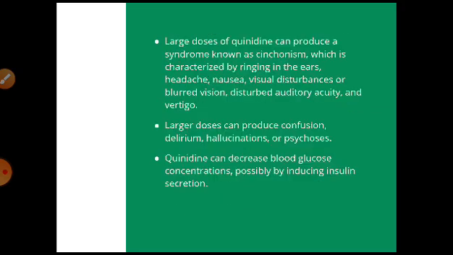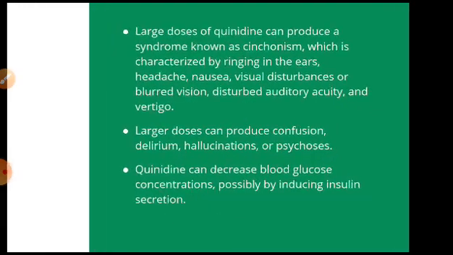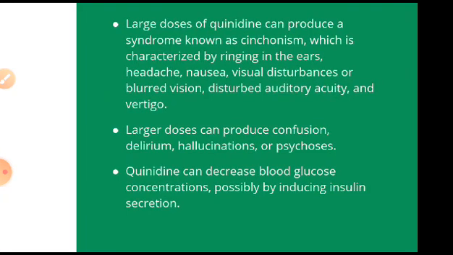Large doses of quinidine can produce a syndrome known as cinchonism, which is characterized by ringing in the ears, headache, nausea, visual disturbances or blurred vision, disturbed auditory acuity, and vertigo. Larger doses can produce confusion, delirium, hallucinations, or psychosis.